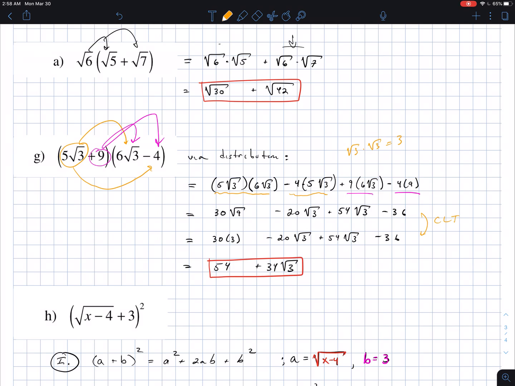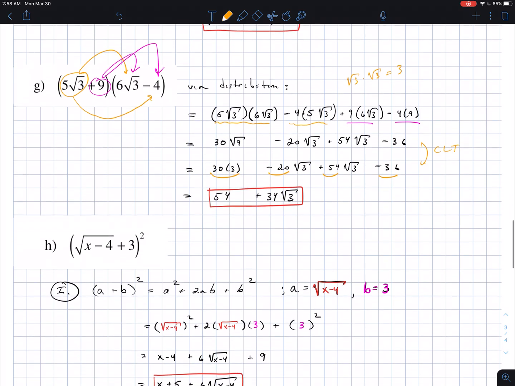How did I get 54? Well, 90 minus 36. Well, where did I get the 90 from? 3 times 90. Oh, sorry, 3 times 30. So 90 minus 36, 54. And then a negative 20 and a positive 54 root 3's gives me 34 root 3. All right.